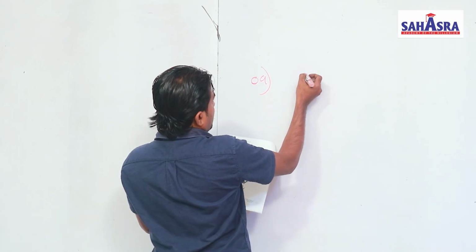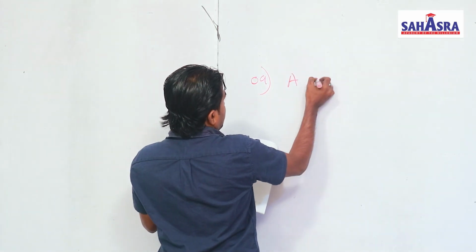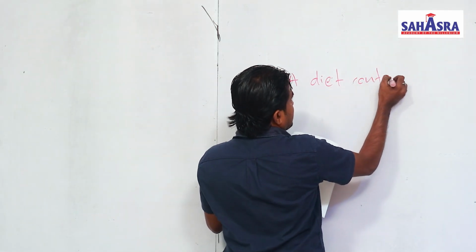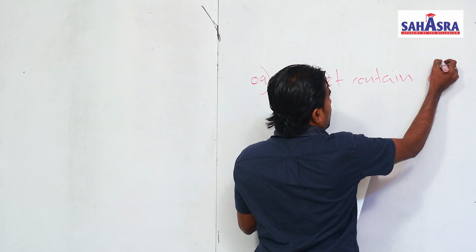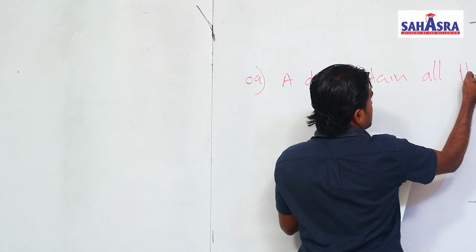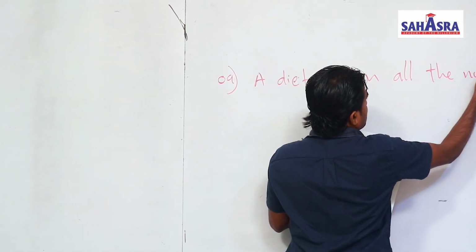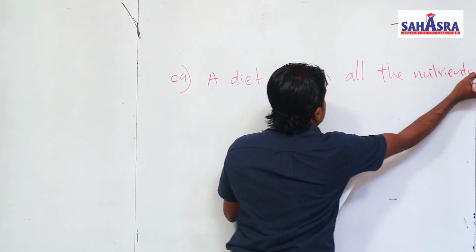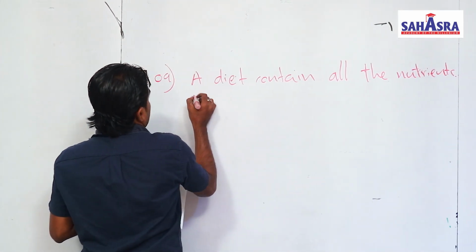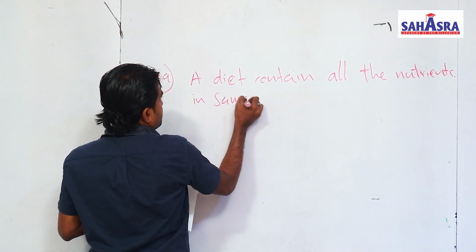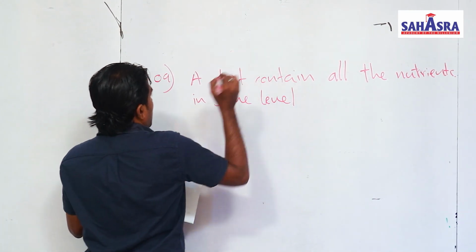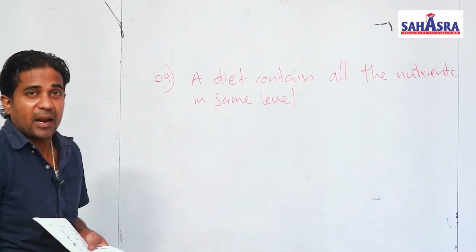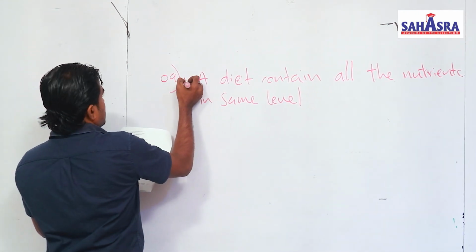Balanced diet means a diet contain all the nutrients in same level. හැම nutrients එකකින්ම සමාන ප්‍රමාණ වලින් තියෙනවා නම් we call it a balanced diet. That is the answer for the first one.